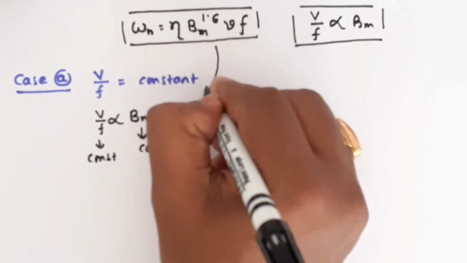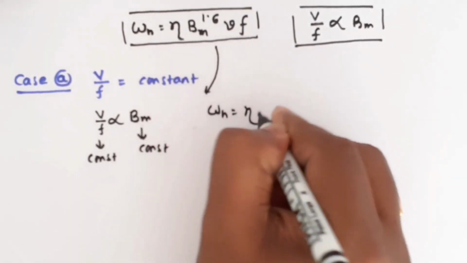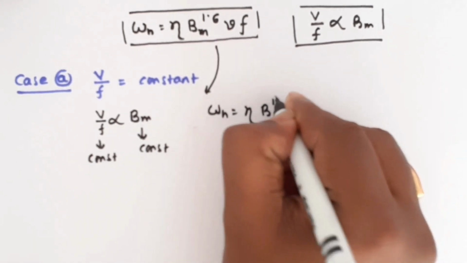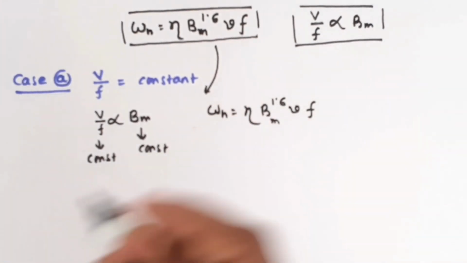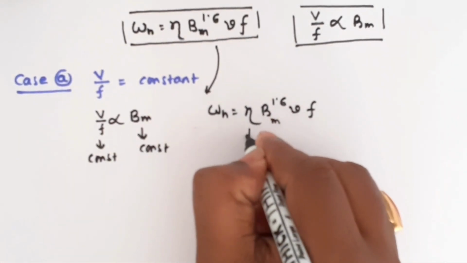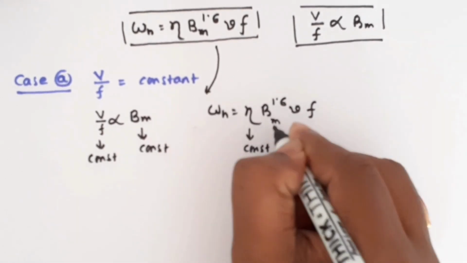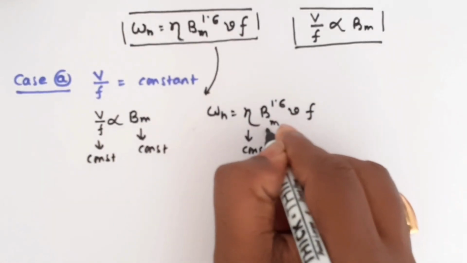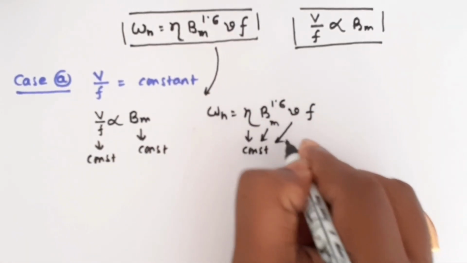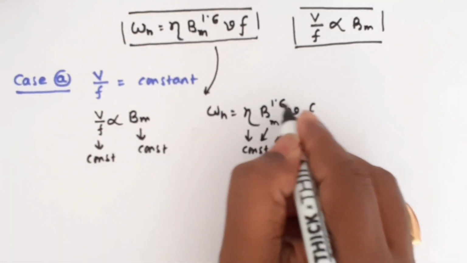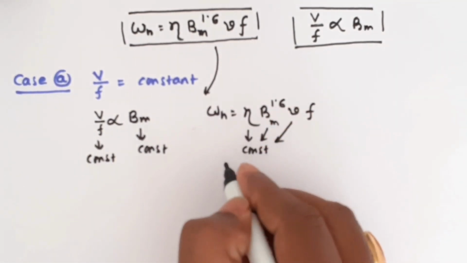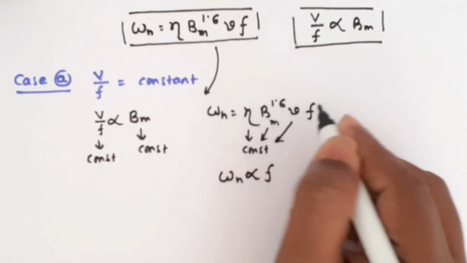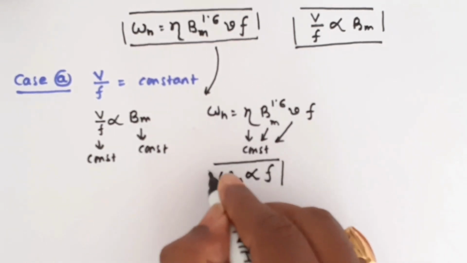From this relation, W_H equal to eta B_m to the power 1.6 into volume and frequency. In this term, B_max, since V by F is constant, is also constant. The volume of the core is also constant. These three terms are constant. Then we can conclude that W_H is proportional to supply frequency. This is one of the most important relations.